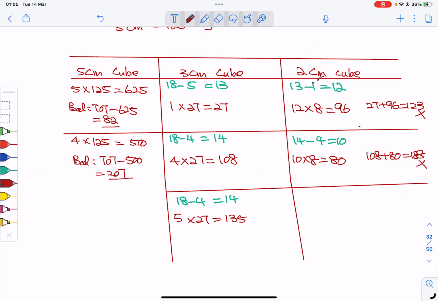So what I will have is 14 minus 5, which is 9 pieces.